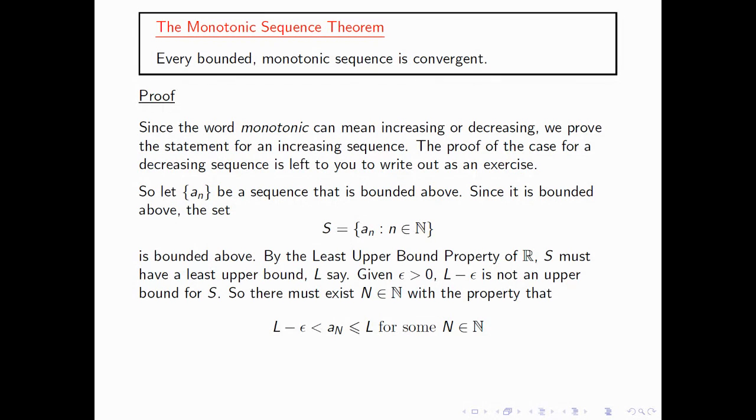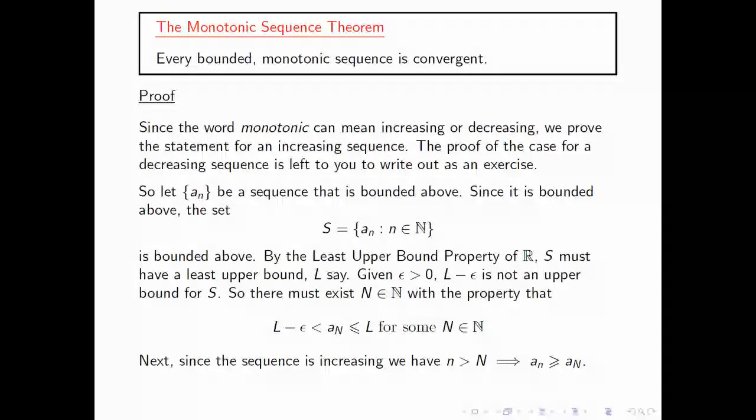And so there must exist a natural number N with the property that a_N is bigger than L minus epsilon, but still less than or equal to capital L. Next, since the sequence is increasing, we have that n greater than N means that a_n must be greater than or equal to a_N. Right?